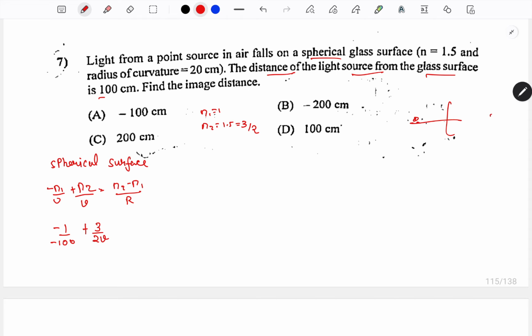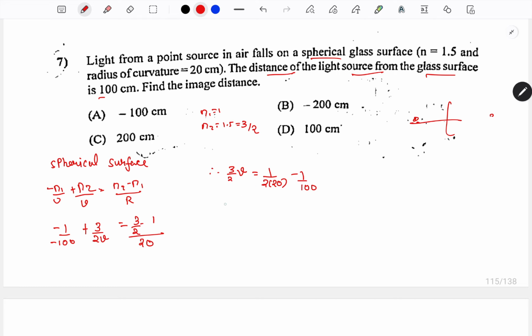Here somewhere is the object and somewhere the image is formed, therefore the next term is 3 by 2 minus 1 divided by 20. So, moving further, 3 by 2v is equal to 1 divided by 2 into 20 minus 100.